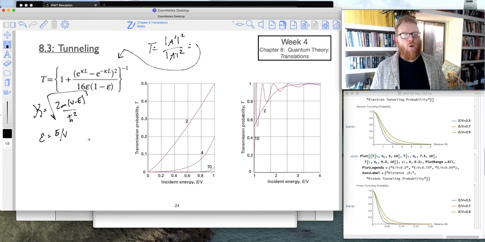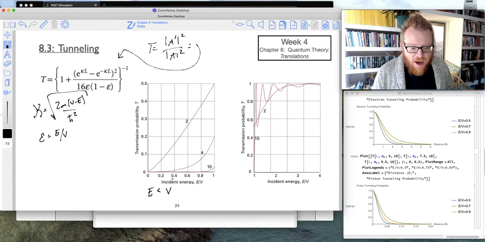And so now there's a couple things going on in this figure, okay? So this left figure here, you can see incident energy in terms of E divided by V. So this figure is when E is less than V, right?